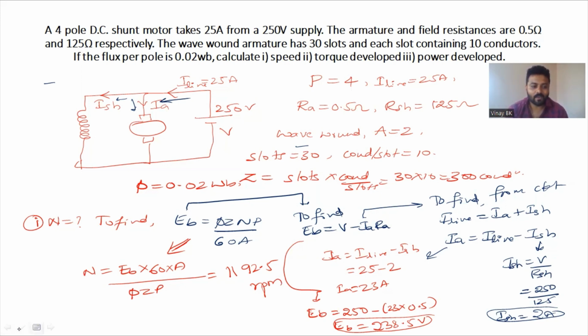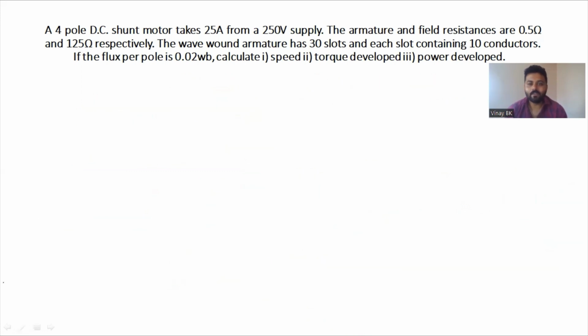So the second point, they asked you to find the value of torque developed. Torque developed is nothing but the armature torque. TA is given by 0.1595 into phi IA PZ by A. They are given it is a wave wound, so A equals 2.